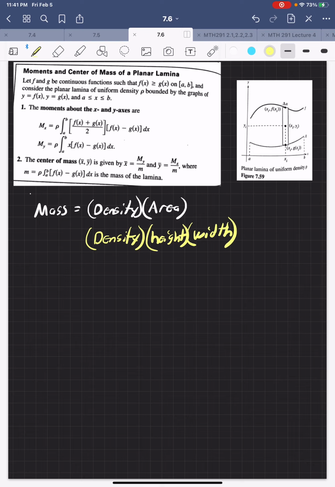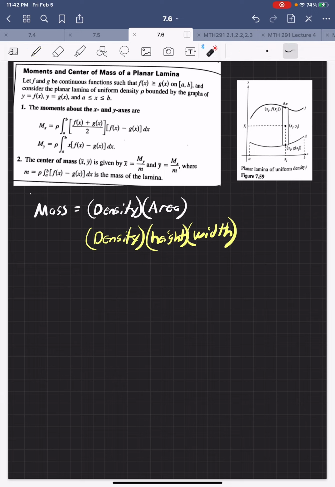Right? That's area. And if we look at this picture here, if you were trying to figure out the height, well, that would just be the top function minus the bottom function, right? So that's how we can go.